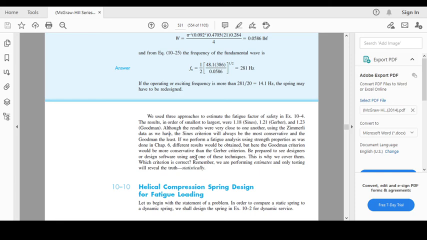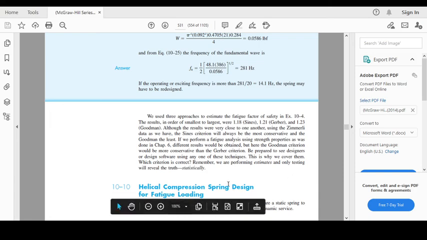When you use these criteria, you get this result, and then you have to test. When you test, you get the actual result, and then you choose the spring that you want. Always do the testing.